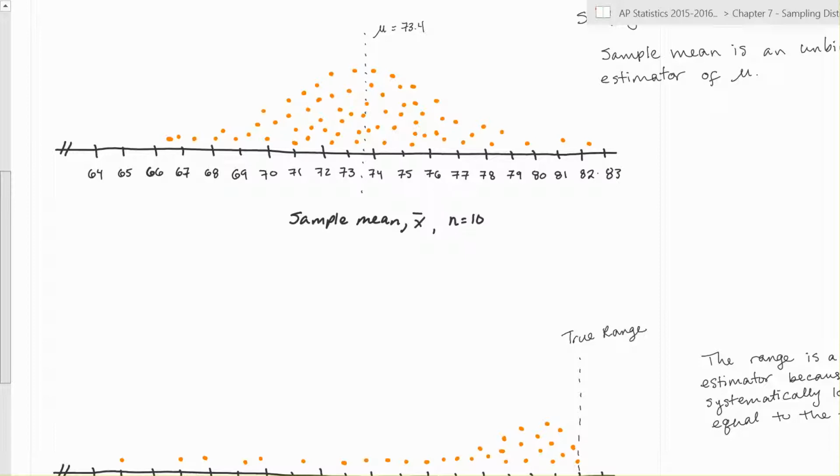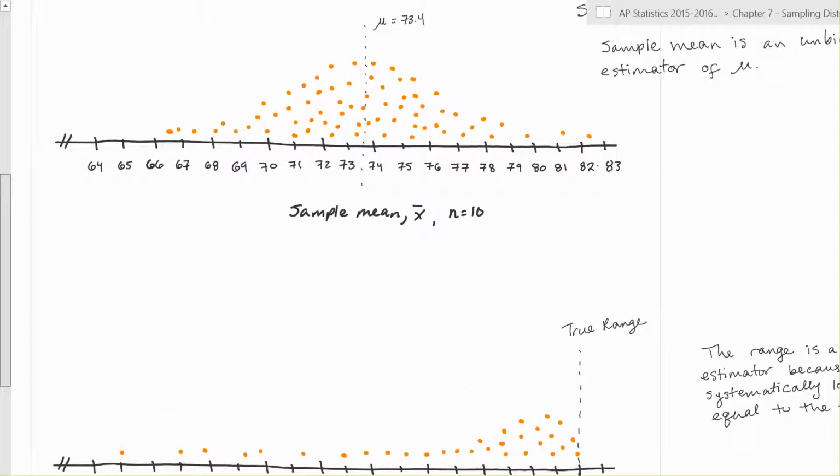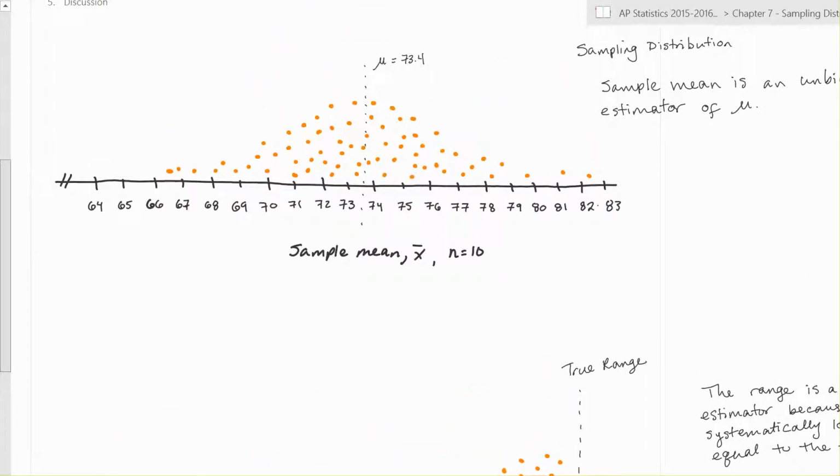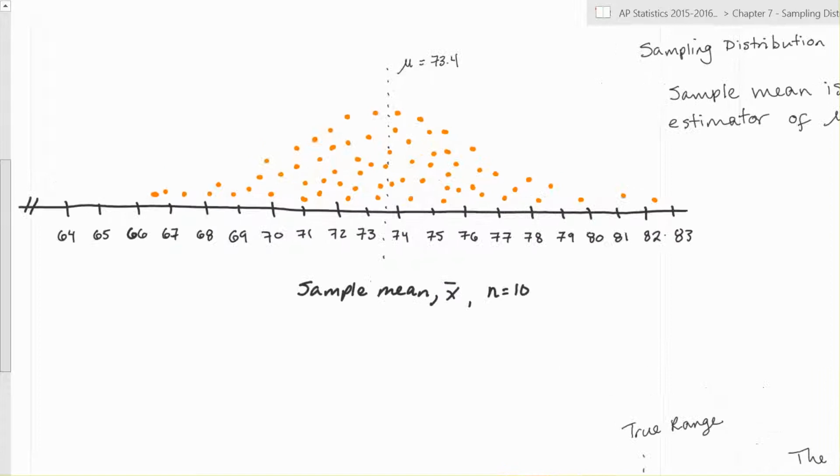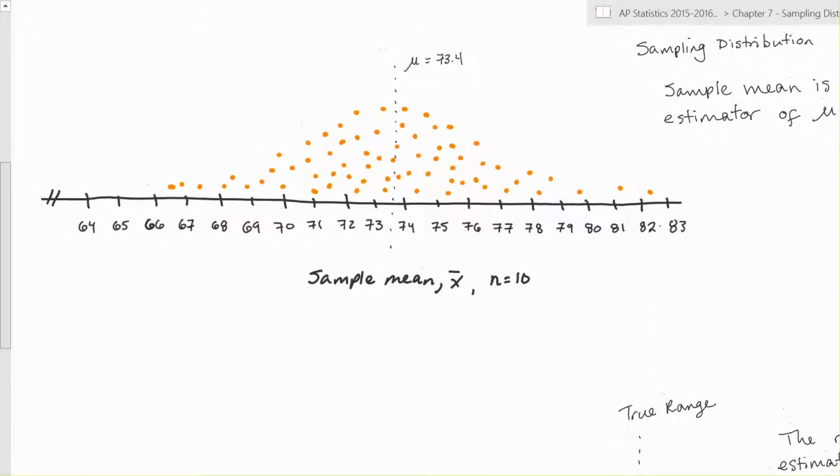Just by random chance, some groups may have several low measurements for the heart rate and would therefore have a low sample mean. On the other end, some groups may have several large measurements for the heart rate, so we see a higher estimate.